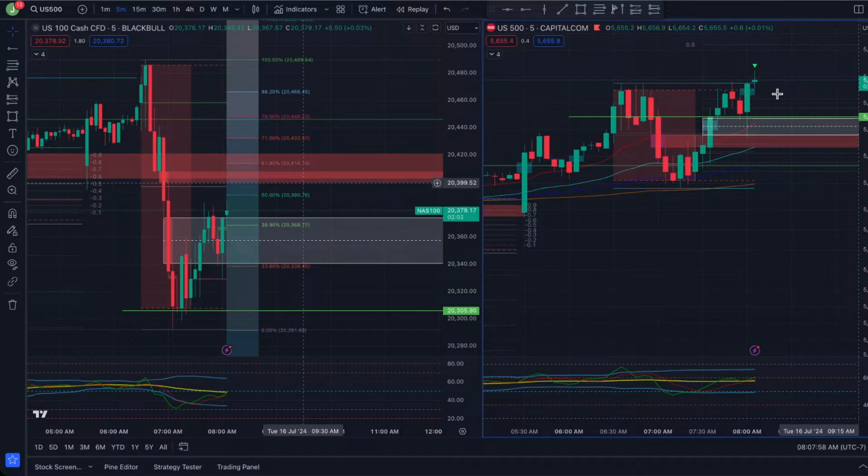Two minutes to close. Let's see if we get a bullish confirmation with the US 500. Nas driving higher.